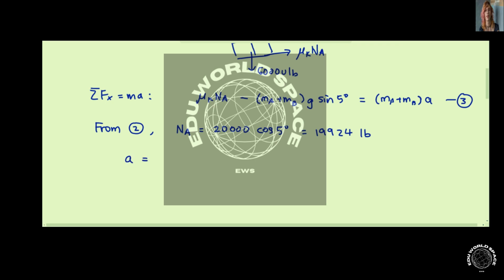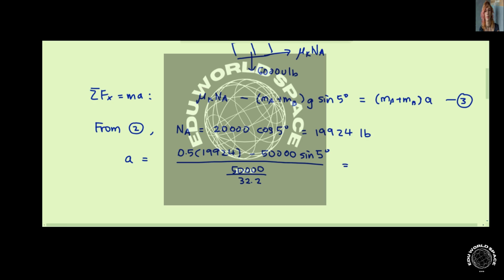So you have 0.5 times 19,924 minus 50,000 times sine 5 degrees, divided by 50,000 divided by 32.2.